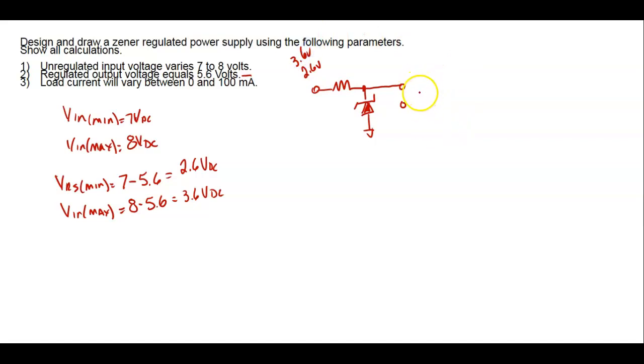Over here we got 5.6 volts running between 0 to 100 milliamps. And we end up using a 1N4734.